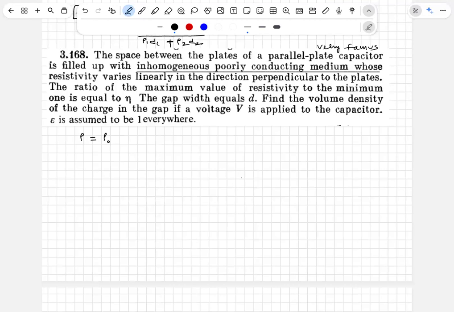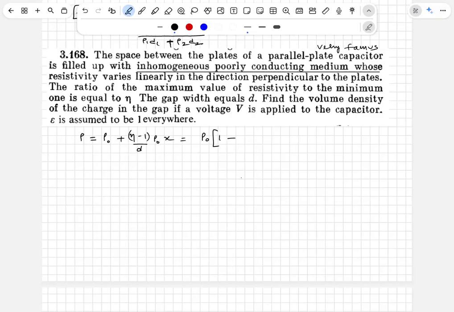Here we write rho naught plus (eta minus 1) by the distance between the plates D times rho naught x.